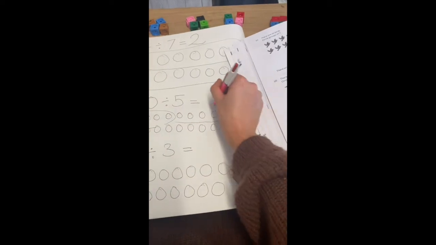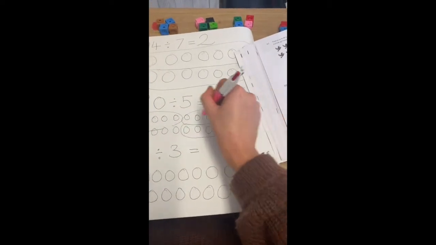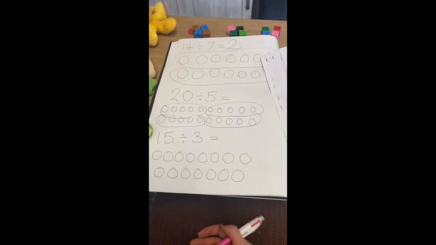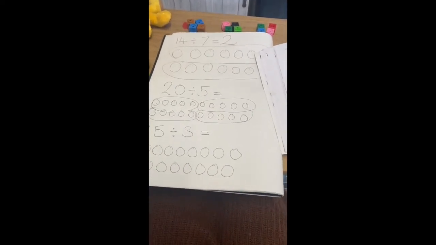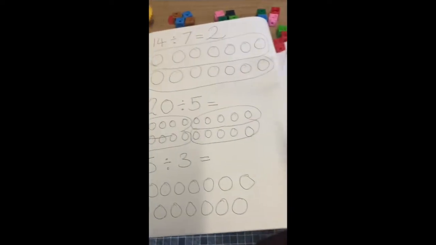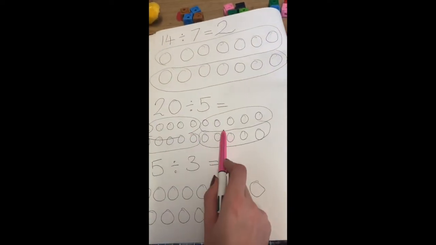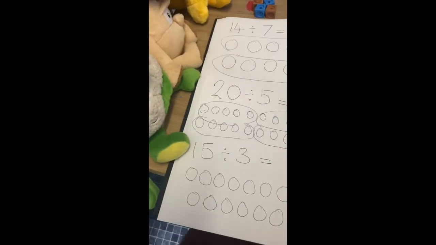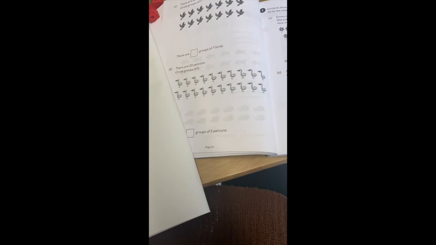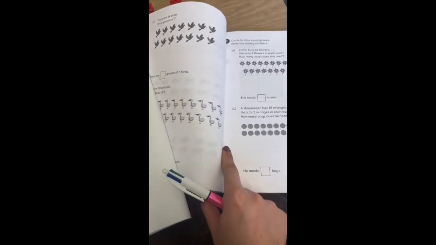It doesn't matter what way you circle it. You will get the right answer, but you want to make sure it is clear and easy for you to read. So 20 divided by 5. 1, 2, 3, 4. There are 20 pelicans, circle groups of 5. There are 4 groups of pelicans.